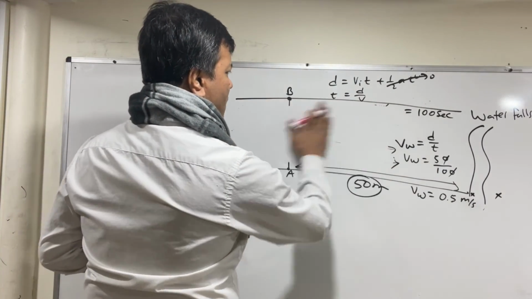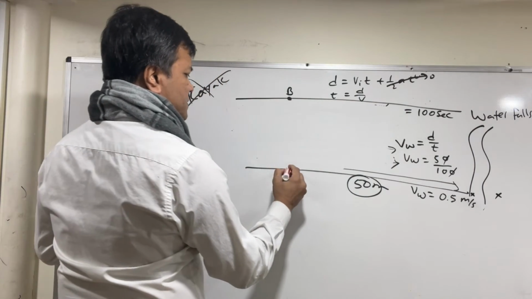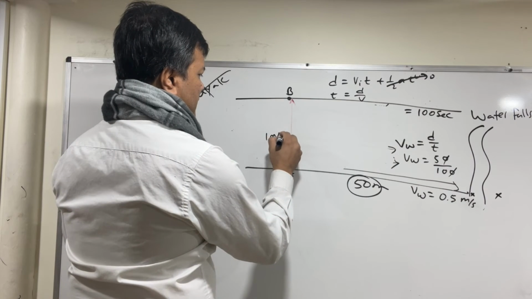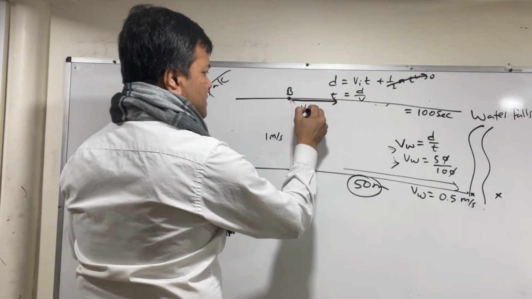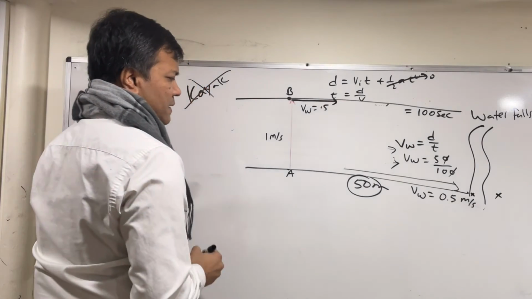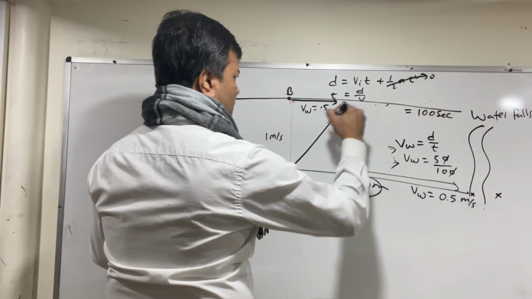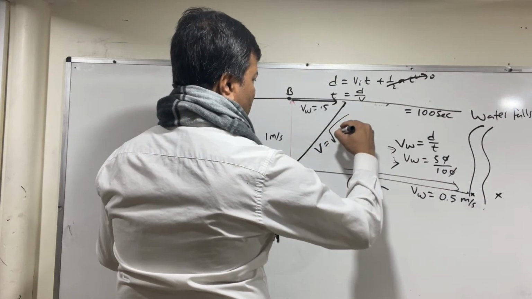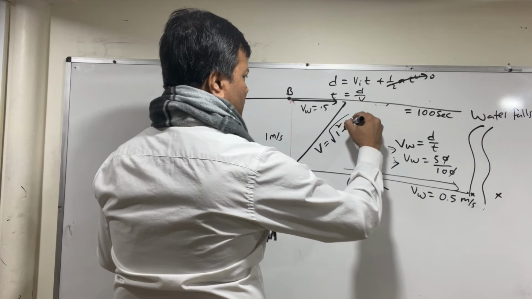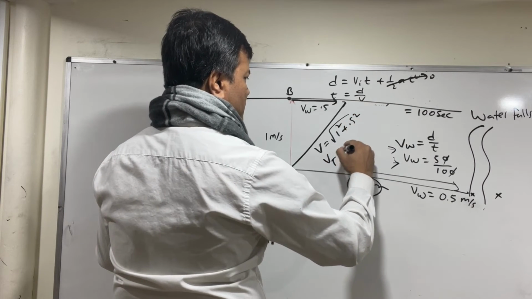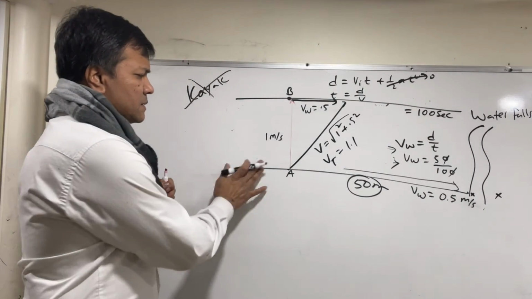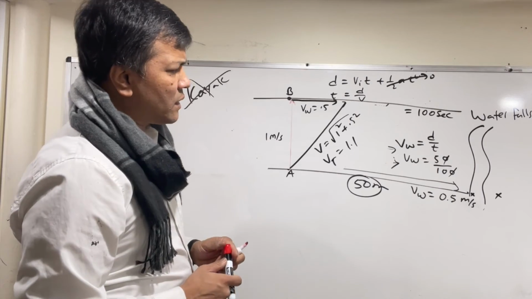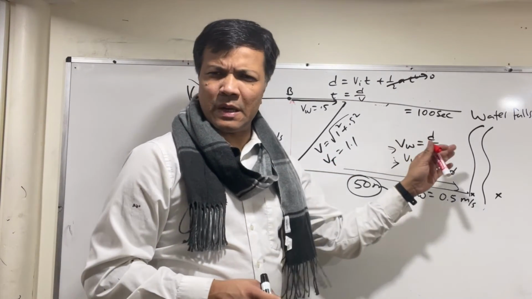If he goes in this direction at 1 meter per second, and the velocity of the water is 0.5 meter per second, then the total velocity would be the square root of 1 squared plus 0.5 squared, which is about 1.1. The 1.1 will not allow him to survive, right?